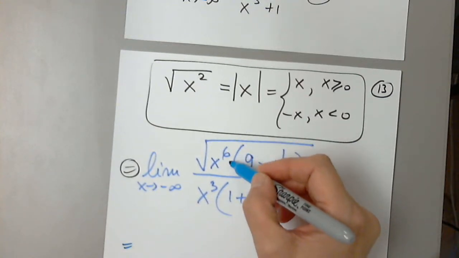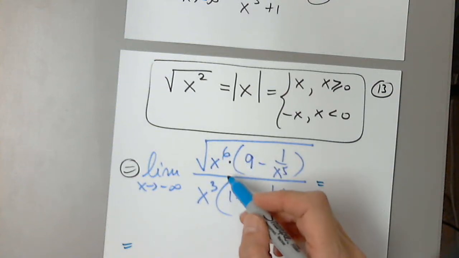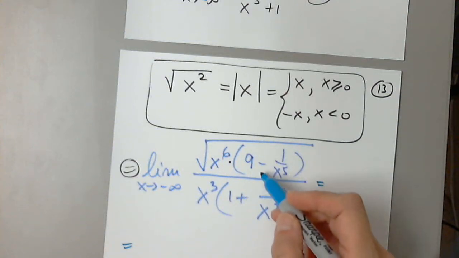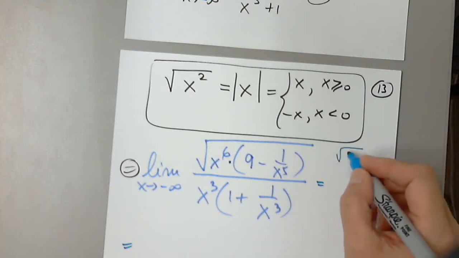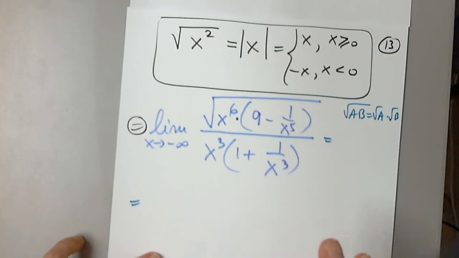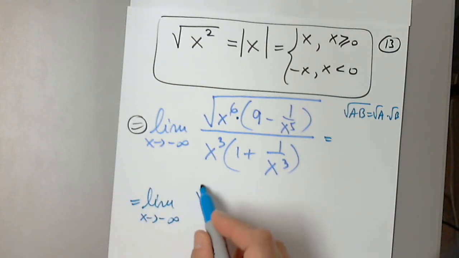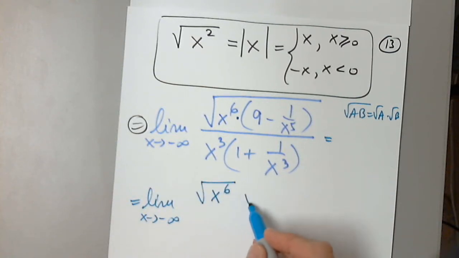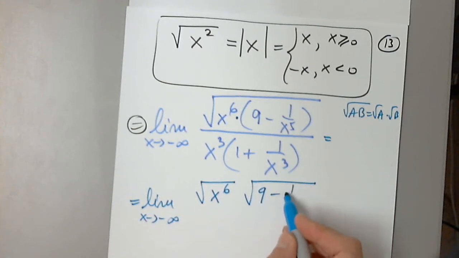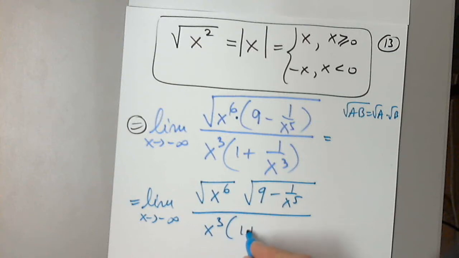Now, this is a product. I'm allowed to take the square root of the first factor times the square root of the second factor. So remember, the square root of AB is the square root of A times the square root of B. So I'm going to use that property. Limit, as x approaches negative infinity, of the square root of x to the 6th times the square root of 9 minus 1 over x to the 5th, over x cubed times 1 plus 1 over x cubed.